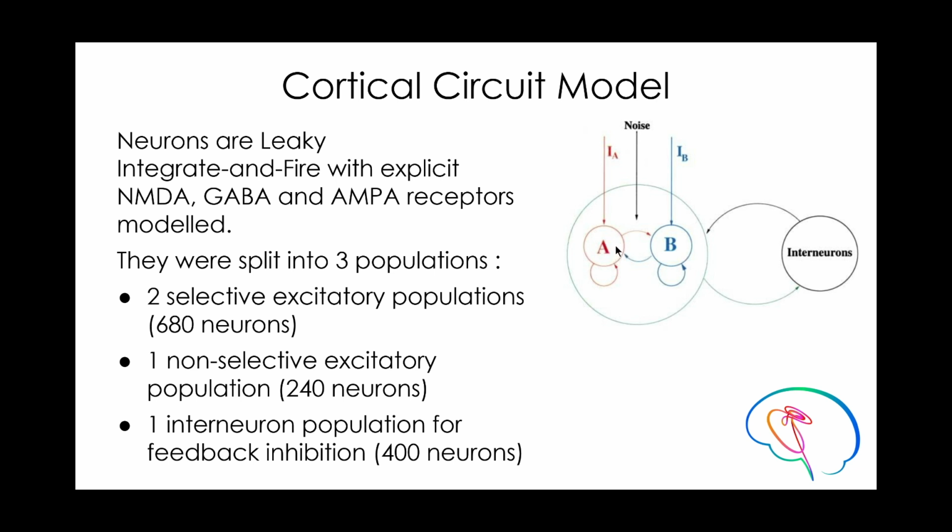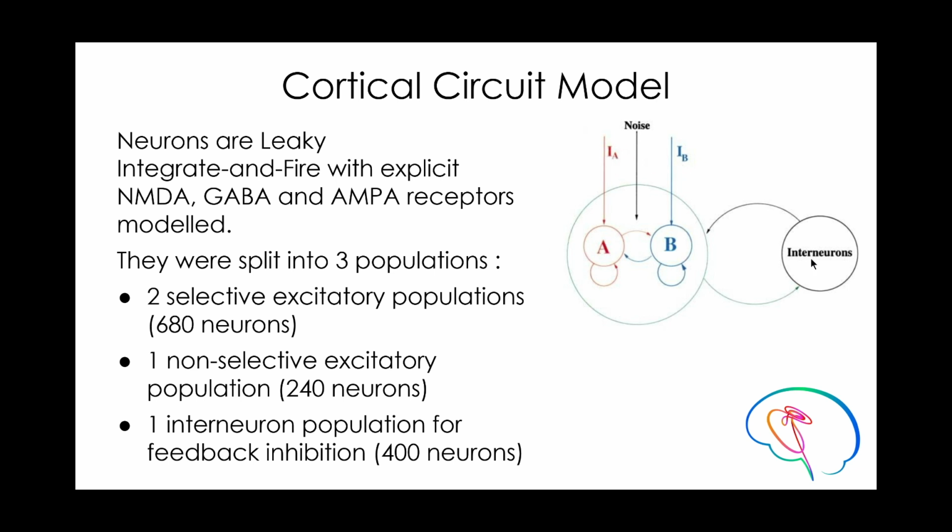But now the difference is that the two selective populations also receive specific inputs to them, right? Representing any input from upstream regions that might signal the one choice being correct over the other. So this is essentially visual stimuli coming in, represented as IA or IB.